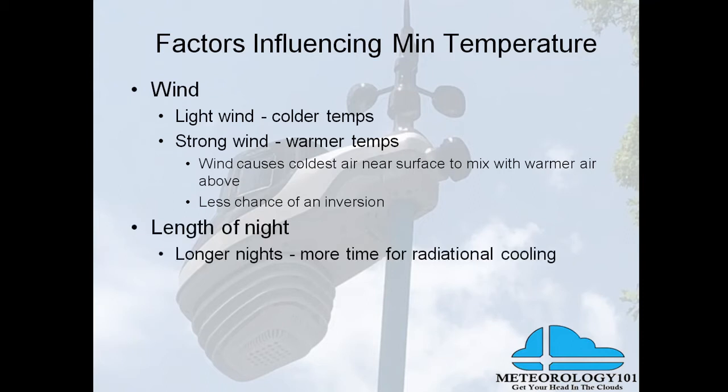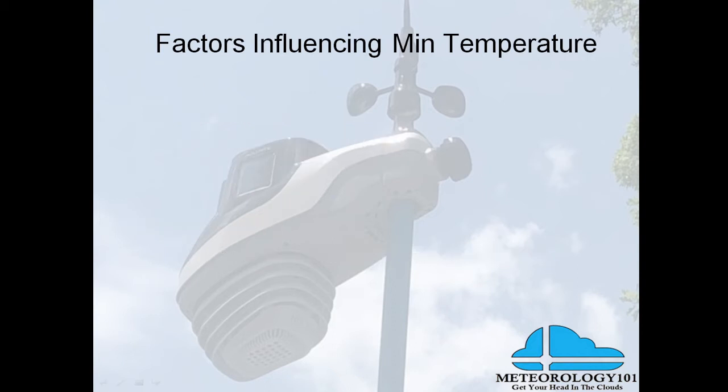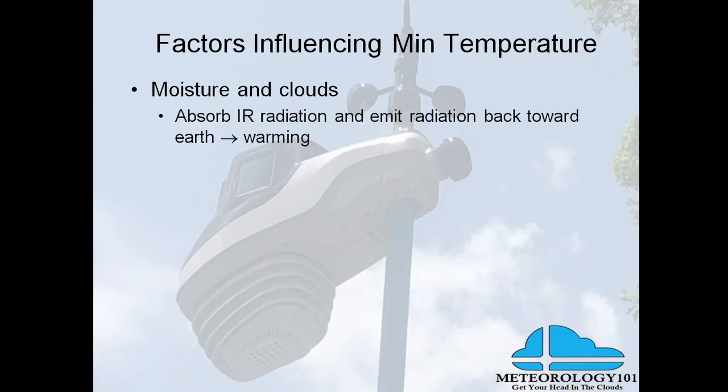Length of night: longer nights mean more time for radiational cooling. So in the wintertime, you have shorter days. You'll have colder temperatures at night and in the morning because you have a longer night than you do day. Moisture in clouds absorbs IR radiation and emits radiation back toward the Earth. That's warming.